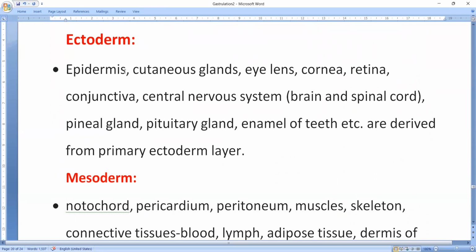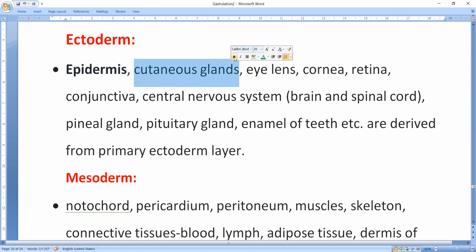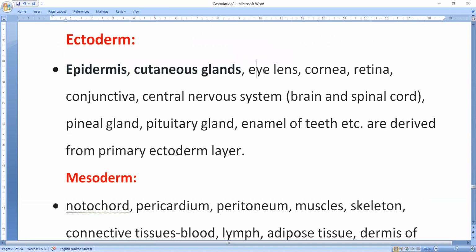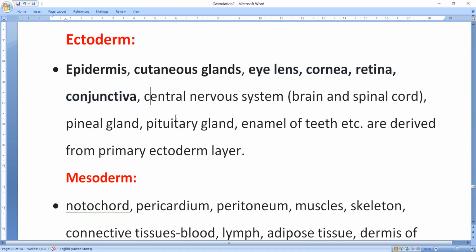It produces number 1, the epidermis, cutaneous glands, the eye lens, cornea, retina, conjunctiva. They are all produced from the ectoderm.